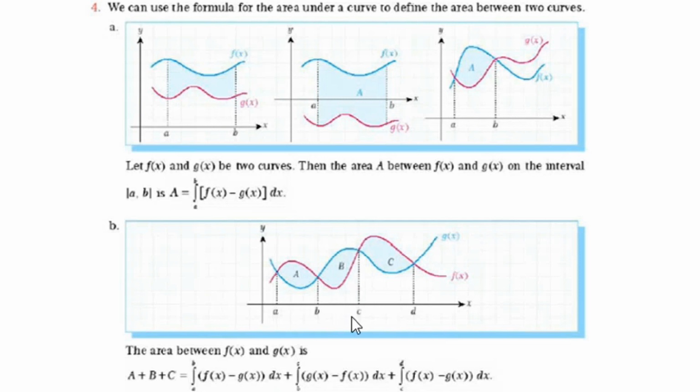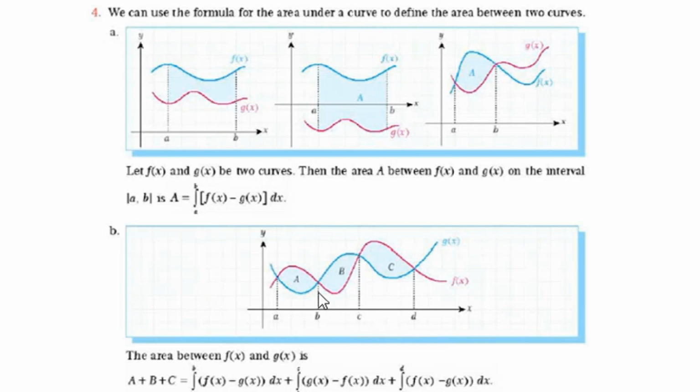As we can see from the interval B to C, the upper function is the blue one, which is now g of x, and the lower function is the red one, which is f of x. Therefore, the area of this area B will be equal to the integral of g of x minus f of x dx, evaluated from B to C. And the last area here is area C. As we can see, the upper function is the red one, which is f of x, and the lower function here is g of x.